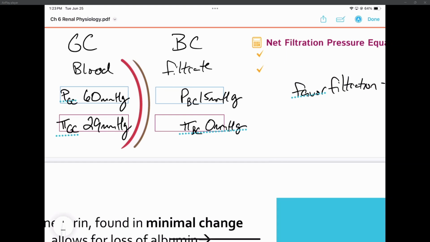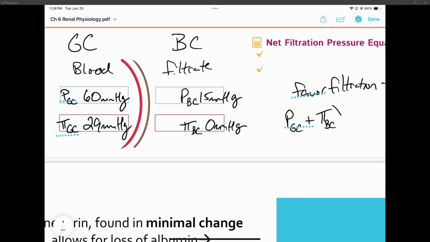Hydrostatic pressure of what? The glomerular capillary is favoring push. So the pressure of the glomerular capillary, hydrostatic pressure, plus what other of those 4 numbers favors filtration? Oncotic pressure of what? Bowman's capsule. Very good.